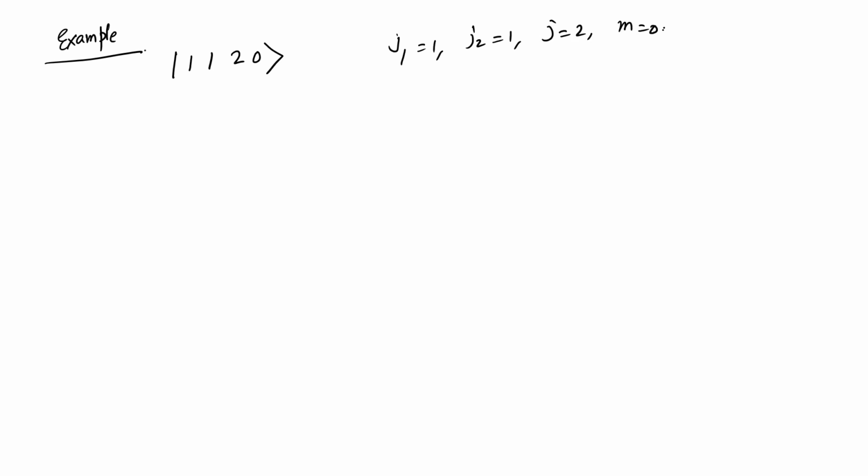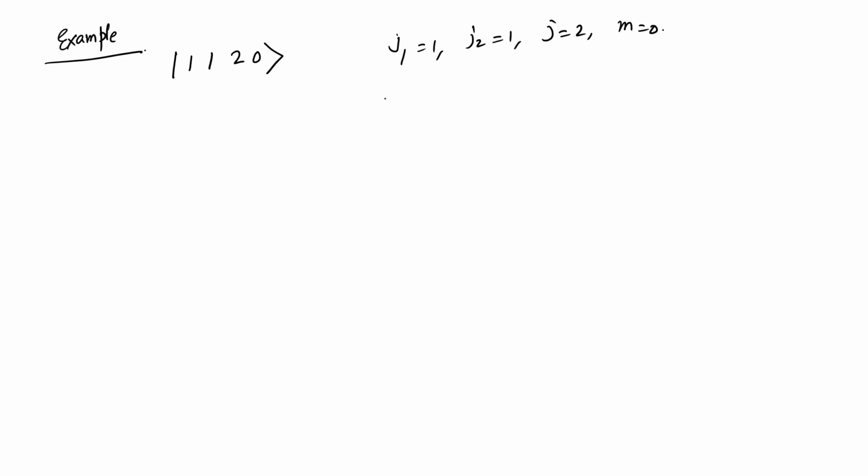So, this is a second example to find the Clebsch-Gordon coefficients, and so let us say the state is given as 1 1 2 0. So, which means that j 1 equal to 1, j 2 equal to 1, j equal to 2, and m equal to 0. Okay.